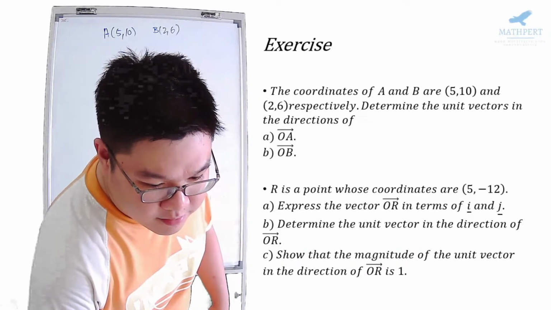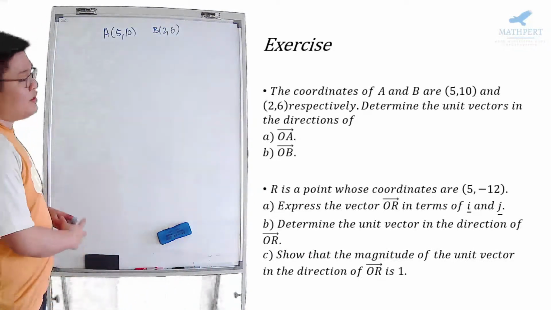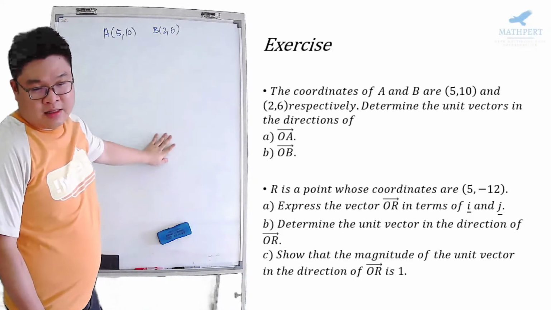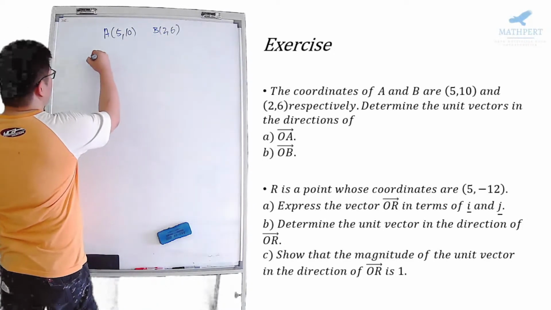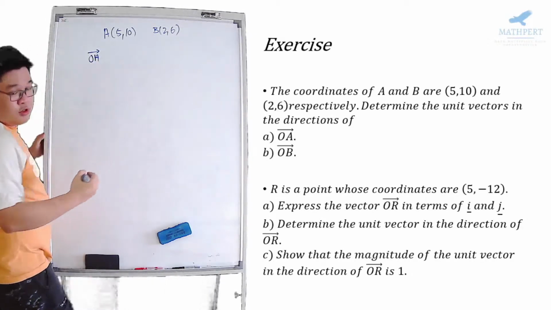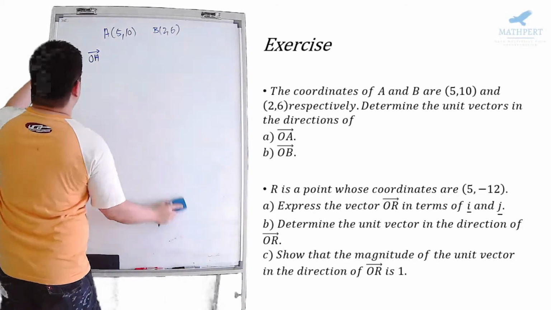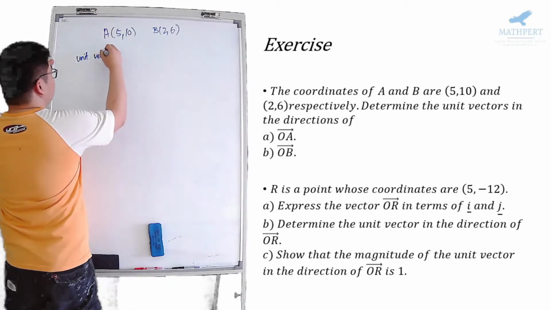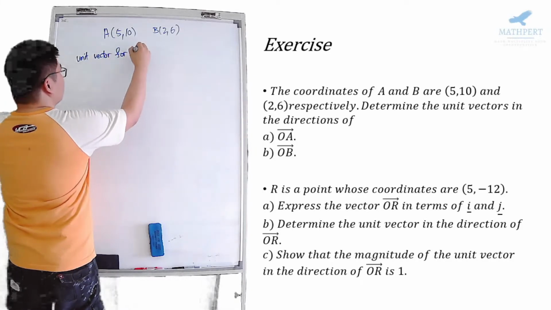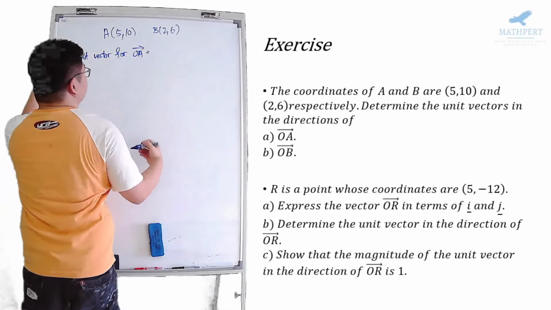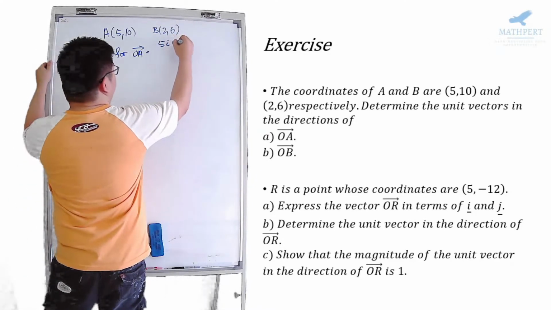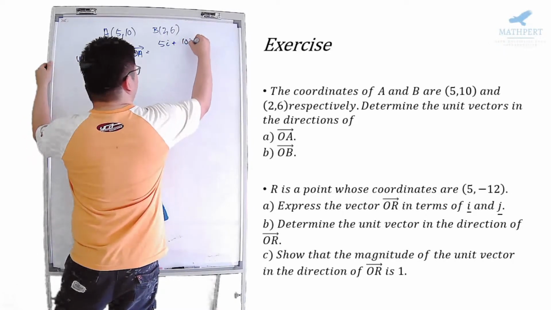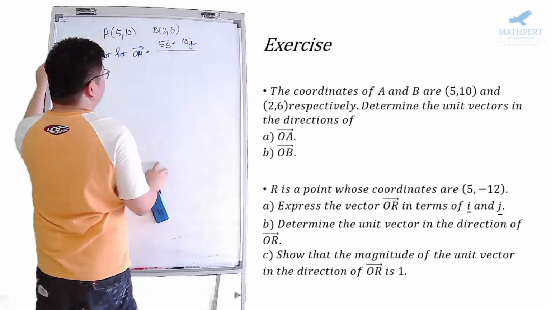Alright, time's up. The coordinates of A and B are 5, 10 and 2, 6 respectively. Determine the unit vector in the direction of OA. So the unit vector for OA will be equal to 5i plus 10j over the magnitude of OA.